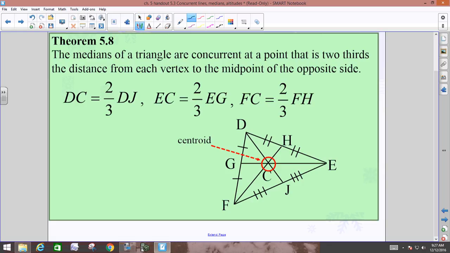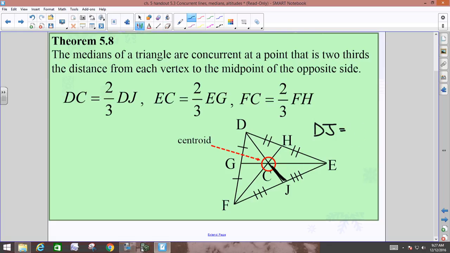So if I say that the length of DJ is 21, what would be the length of CJ? 7, because it's a third of it. So 21 divided by 3 would give me 7. What about DC then? What would DC be? 14. 21 minus 7 gives you 14.